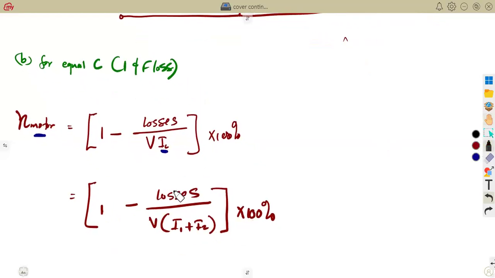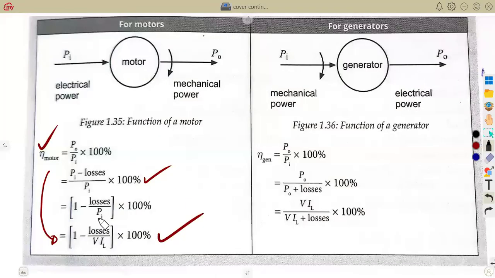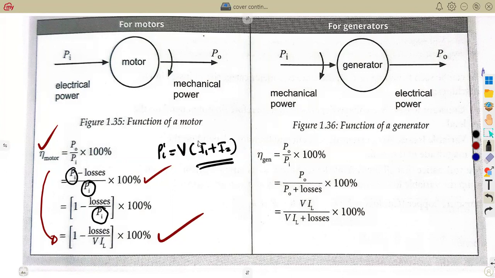You end up having a formula like this on the part of the P in of the motor. Wherever you have the P in on the motor, now it is going to be V into I1 plus I2. That is what you have, guys. It's because of the diagram that you're working with. Nothing has changed in the formulas. No. It is because of the diagram. The motor's current is given by this, according to our diagram.